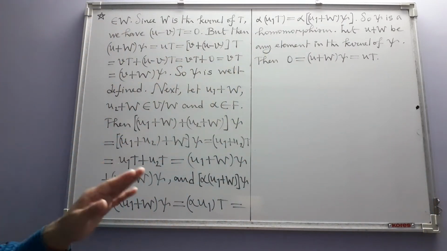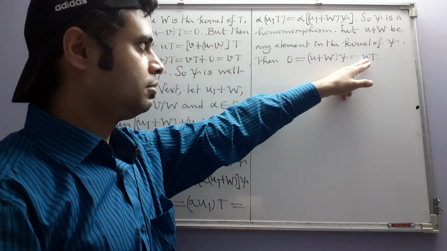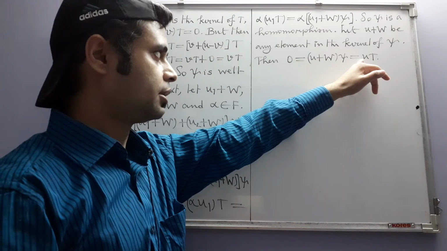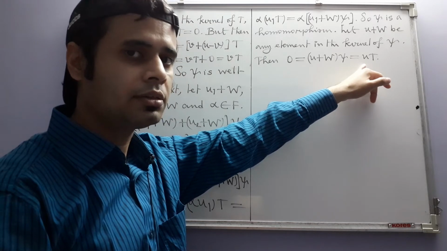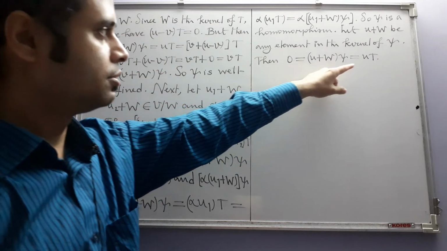So we see that the T image of the vector u in capital U is equal to 0.